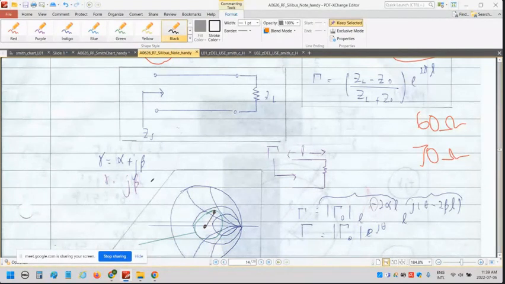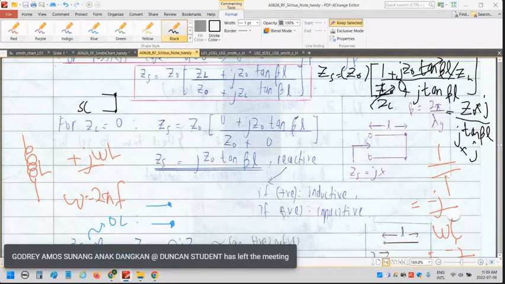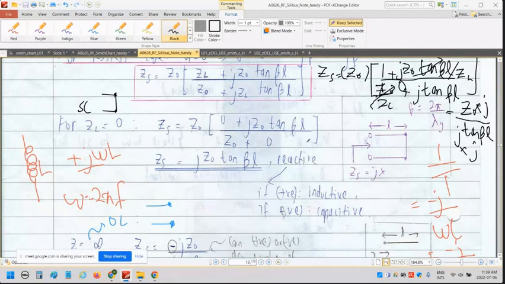And beta equals 2 pi divided by lambda. Normally, if it is inside this tangent, the unit is radian. You cannot use degree, you should use radian for the tangent.